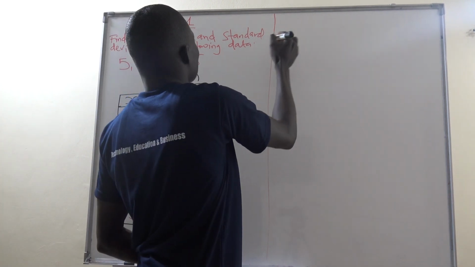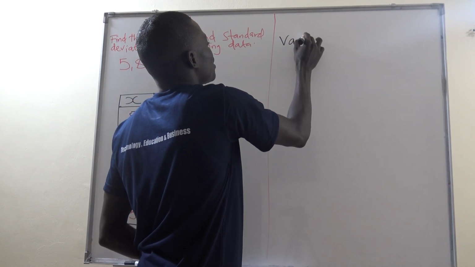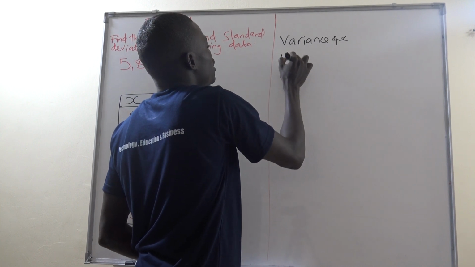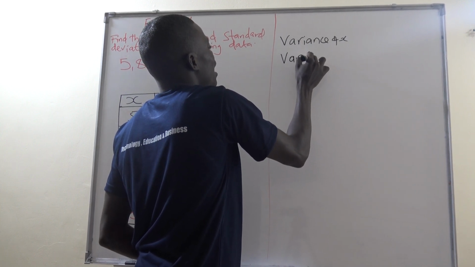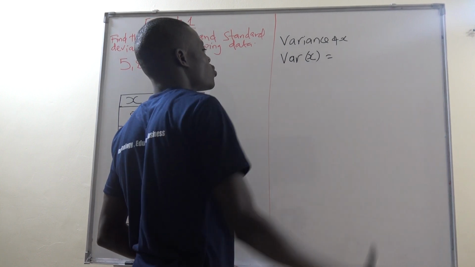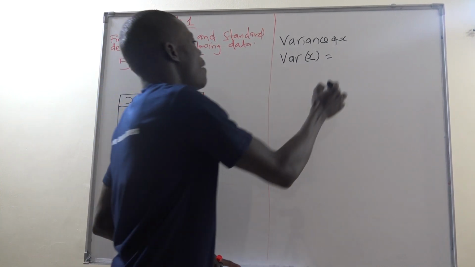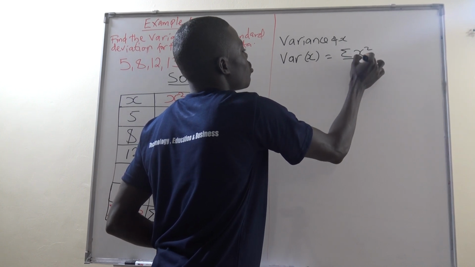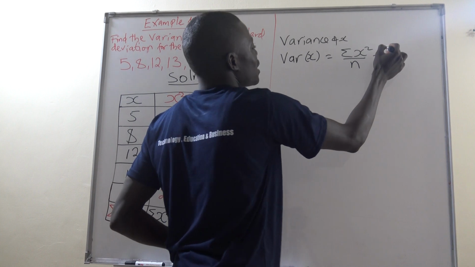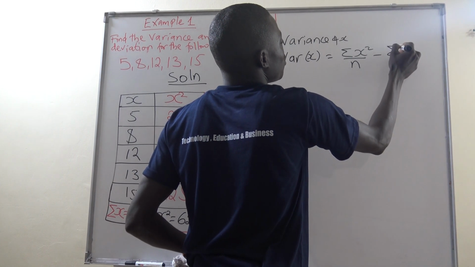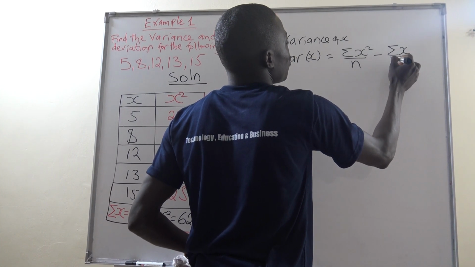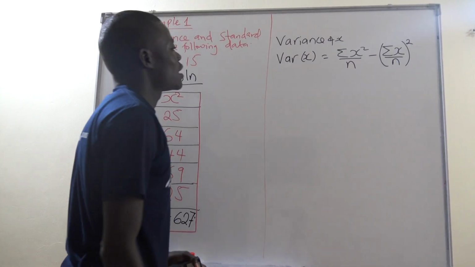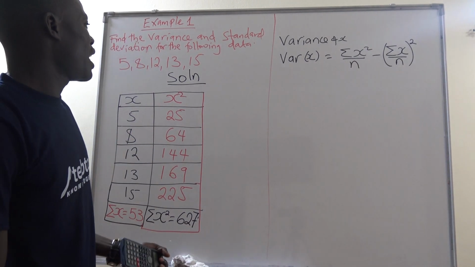We go to the first part, which is variance of x. We denote it as var x, which equals summation of x squared over n minus summation of x over n, squared.